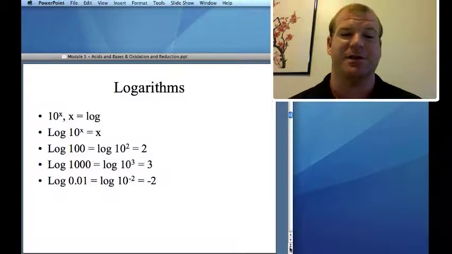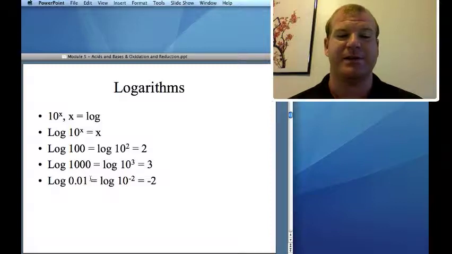So the log of 100 is 2. Likewise, log of 1,000, or 10 times 10 times 10, or 10 cubed, is 3. And then to review how the negative logs work, 100th is 1 over 10 times 1 over 10, so 1 over 100, which is 10 to the minus 2, so the log of 100th is minus 2.